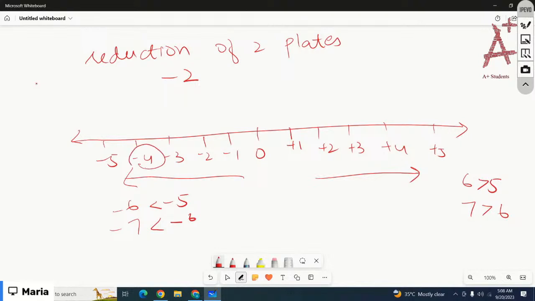So negative 4 is much smaller than negative 1. Negative 6 is much smaller than negative 2 because negative 6 is far from 0. So that's how you represent numbers on the number line.